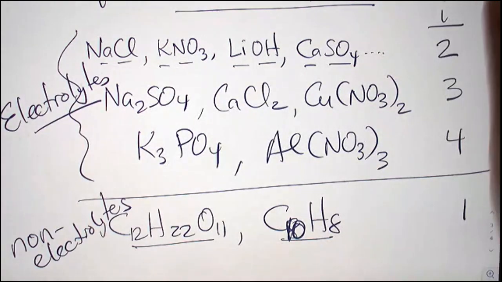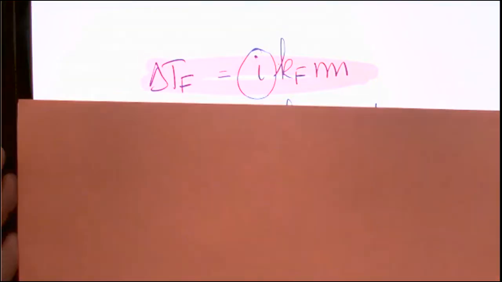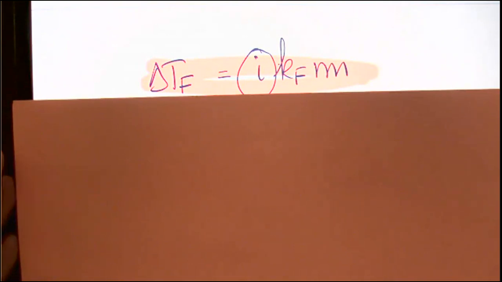All right. On the last slide, you were asked to take the freezing point depression equation. So delta TF equals I KF times molality. And we're going to use it to find a molar mass.